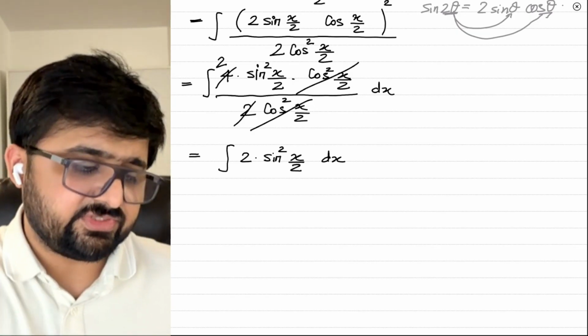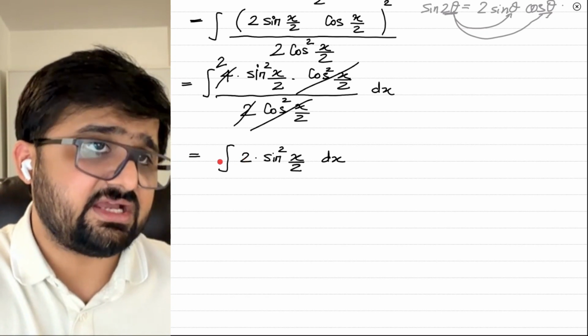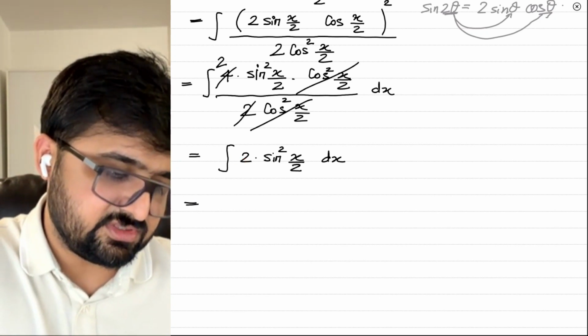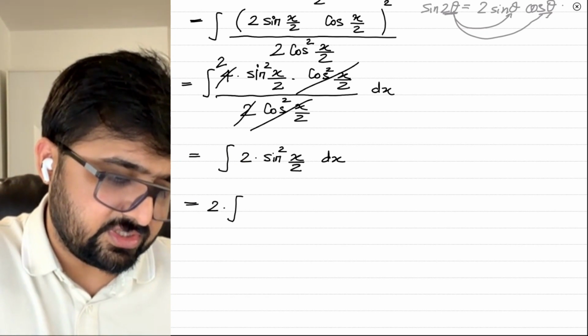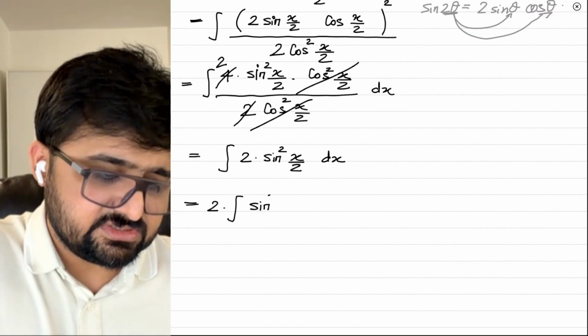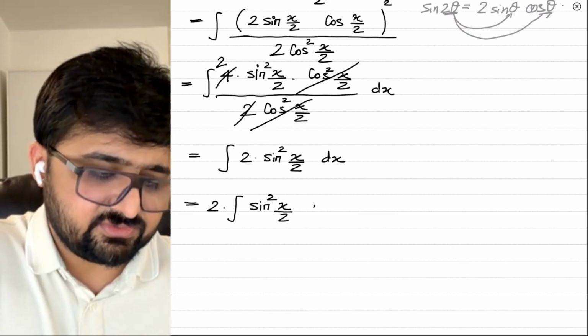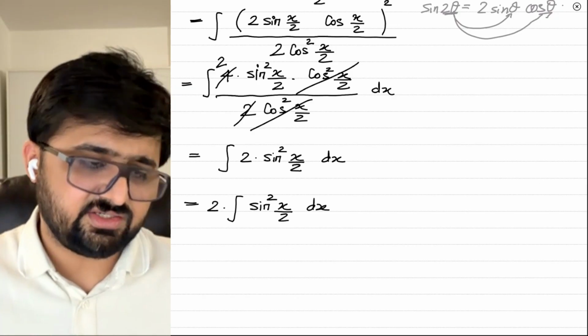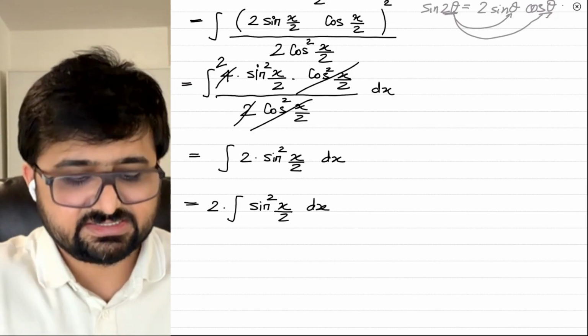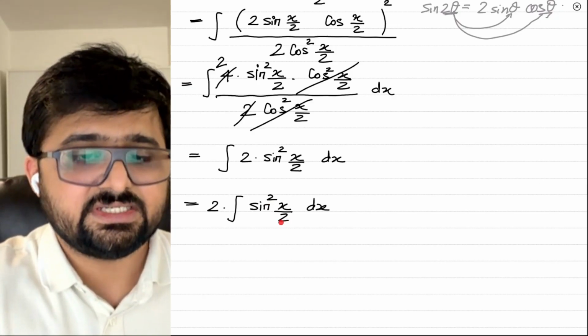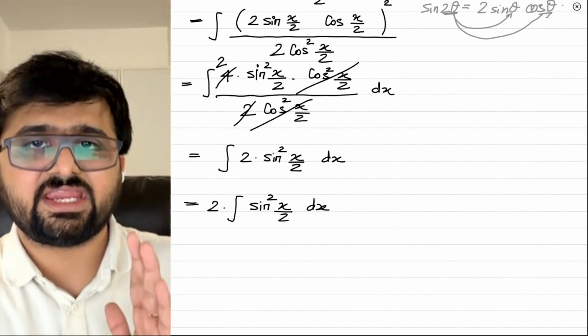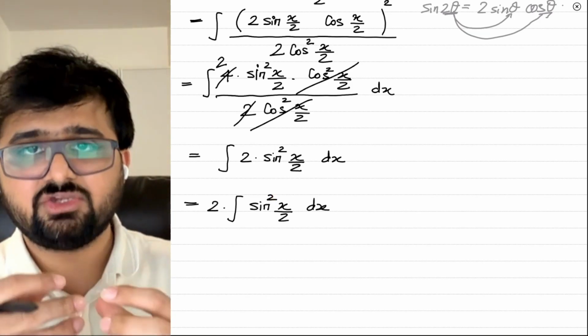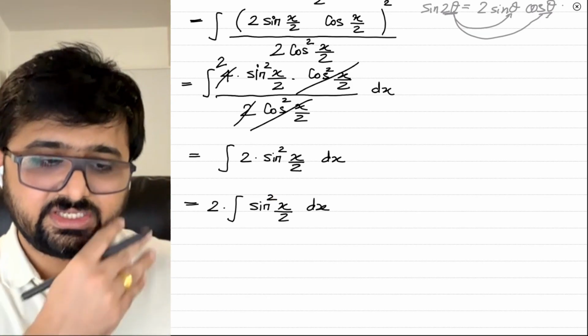Now that 2 is a constant and can be taken out of the integration. So you get 2 times integration of sine squared x by 2 dx. Now, can anybody remember how to integrate sine square x by 2? Since it is power 2, again we have to convert that power 2 into power 1, which we have been doing a lot in this video.